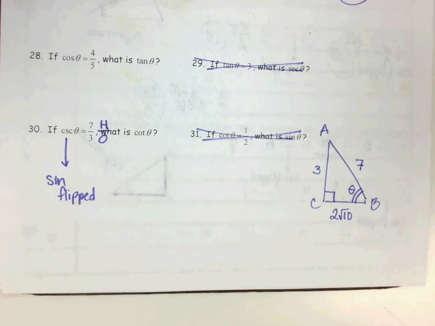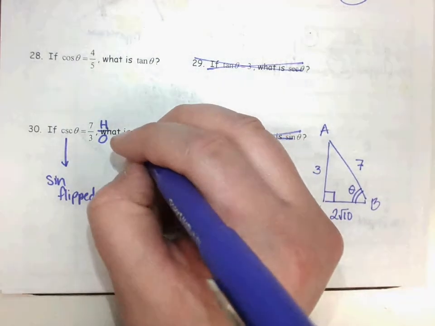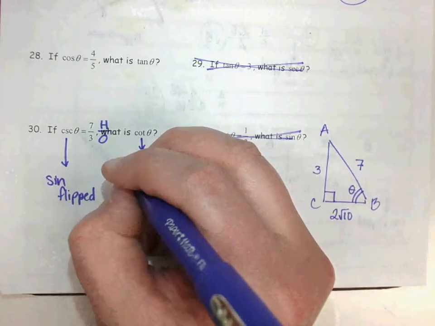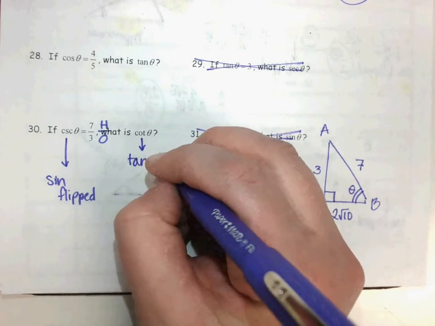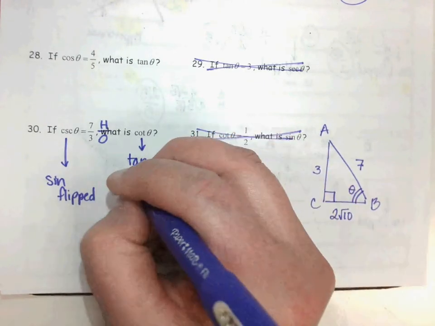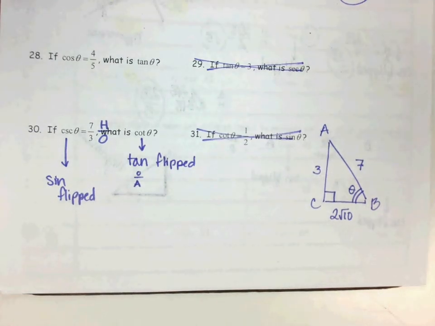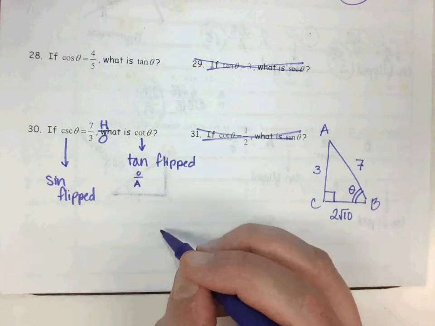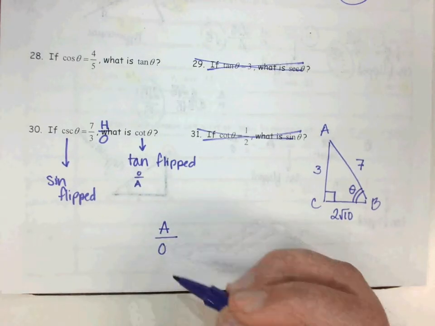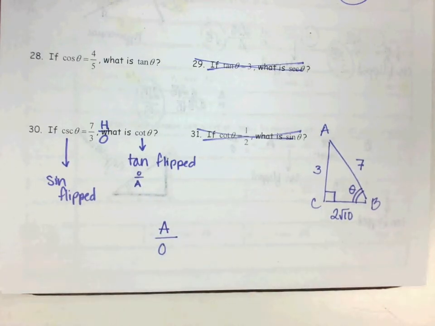Okay, so I want to find cotan. Cotan is which one flipped? Tangent flipped. Very good. So if tangent is O over A, because it's the TOA, then what is it if I flip it? Adjacent over opposite. Now remember, I have to stay in the same corner.